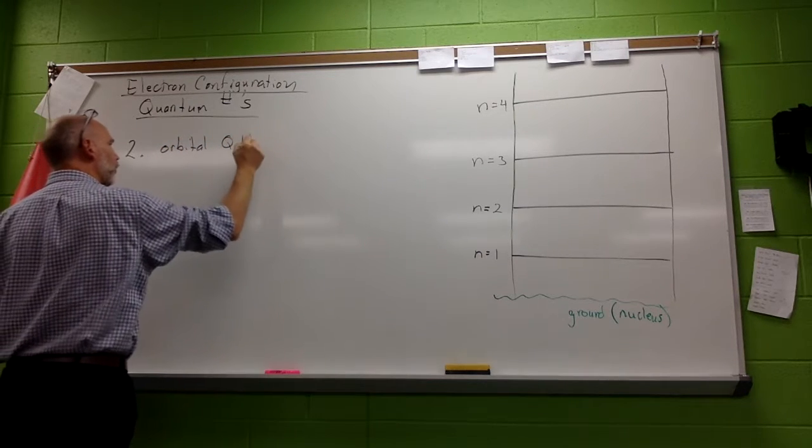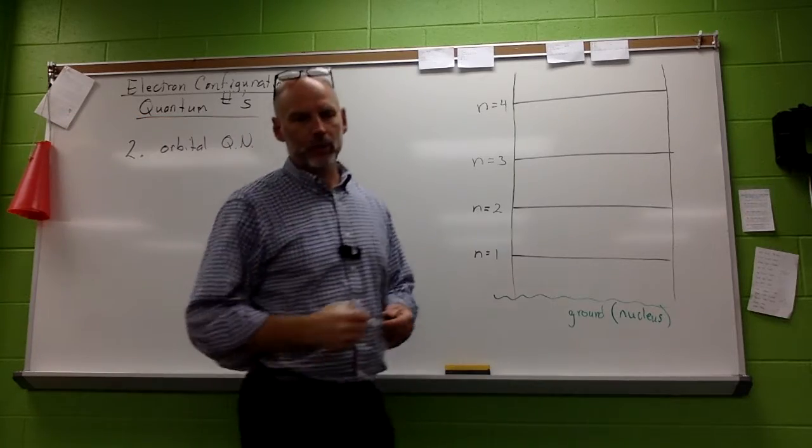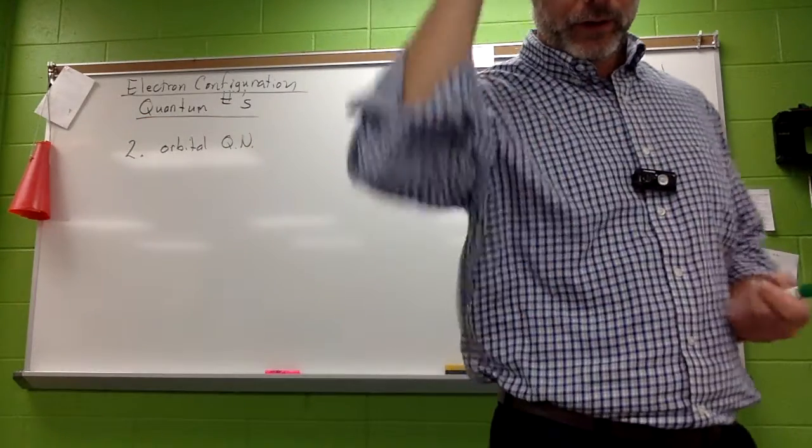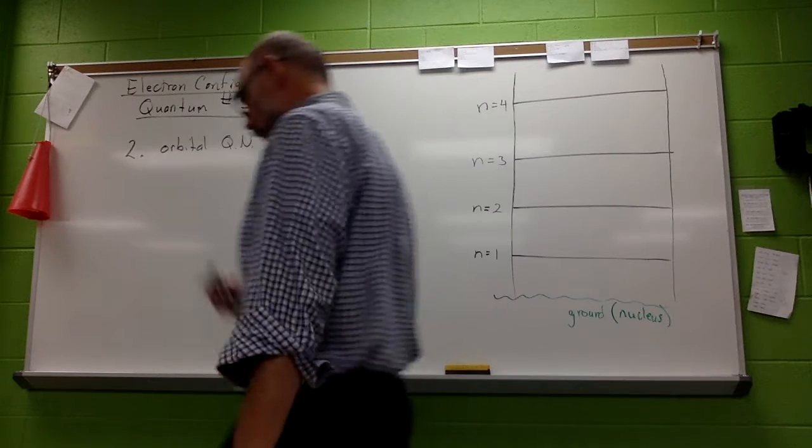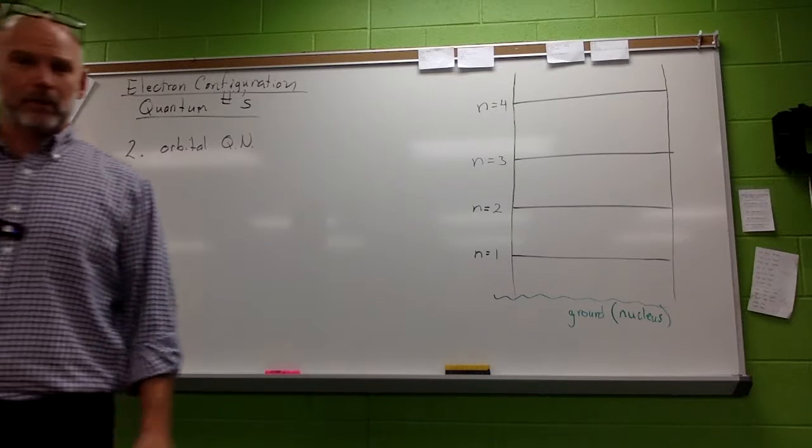I can't remember what your book uses, although I'm going to go with orbital quantum number. You'll see this in a couple of different ways. Yep, they use a term called angular momentum quantum number.